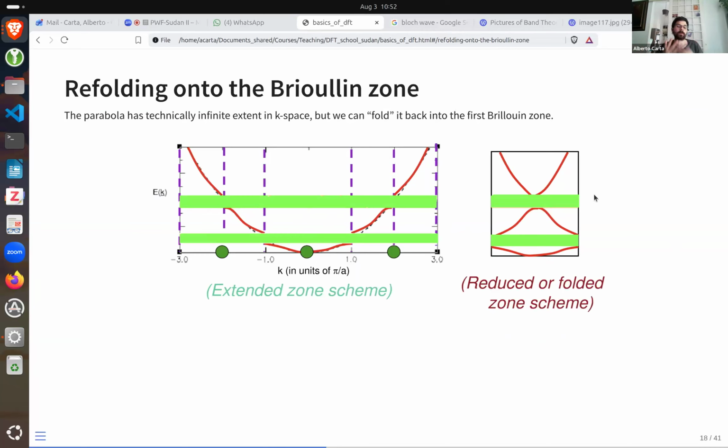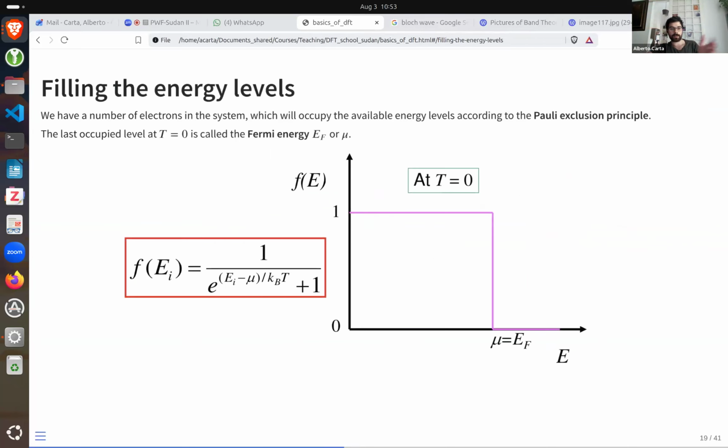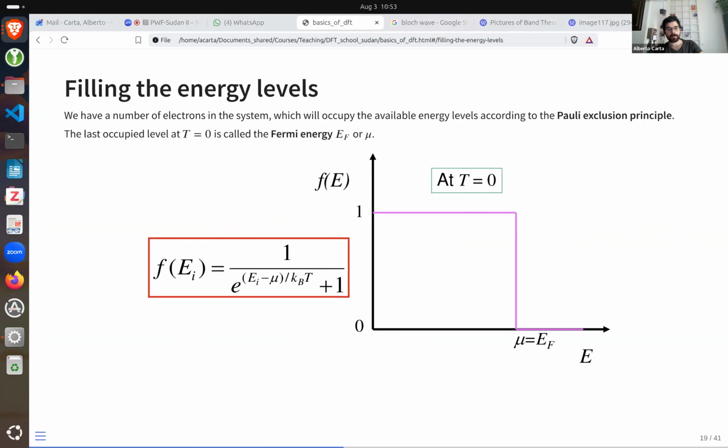Let's start to look at the shapes that these band structures can have, and try to understand when we have a system that is metallic or insulating. The way that we know is we know how many electrons we have in the system, because certain atoms participate in the bond in forming the crystal, and each of these atoms will come with a certain number of electrons.